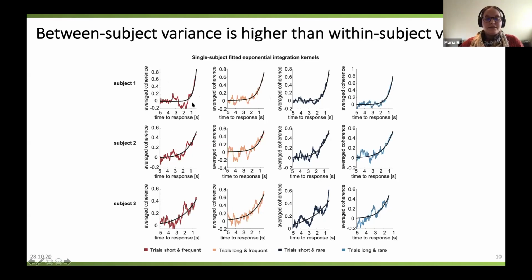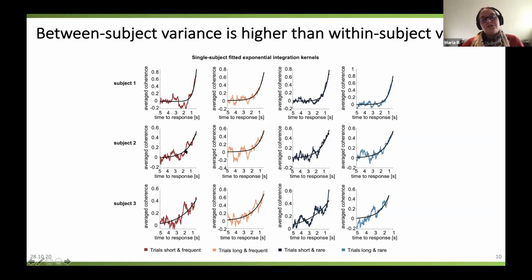What I mean by that is, here the integration kernel decays very fast back to the baseline, which means the subject actually only considers the very recent motion directions the subject has seen. And this is true for all conditions. In contrast, if you look at subject 3, here the decay is a lot slower, meaning this subject actually considers evidence that goes way further back in time.